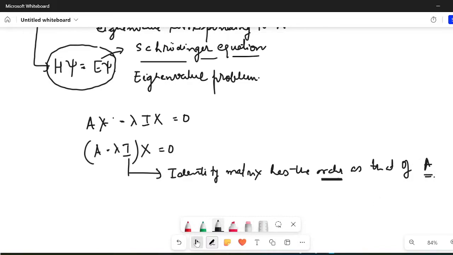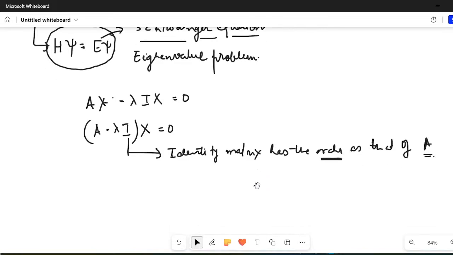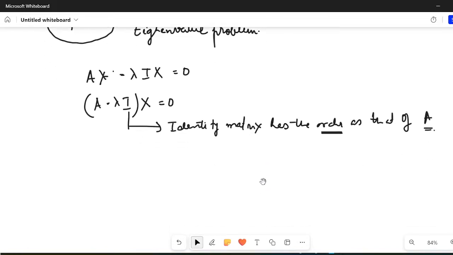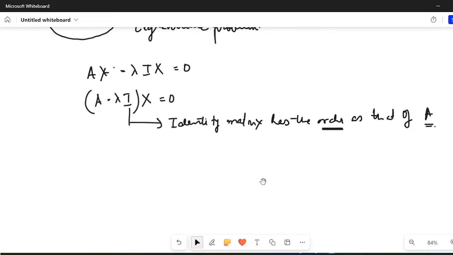Now, in order to solve this particular equation, we take the determinant.